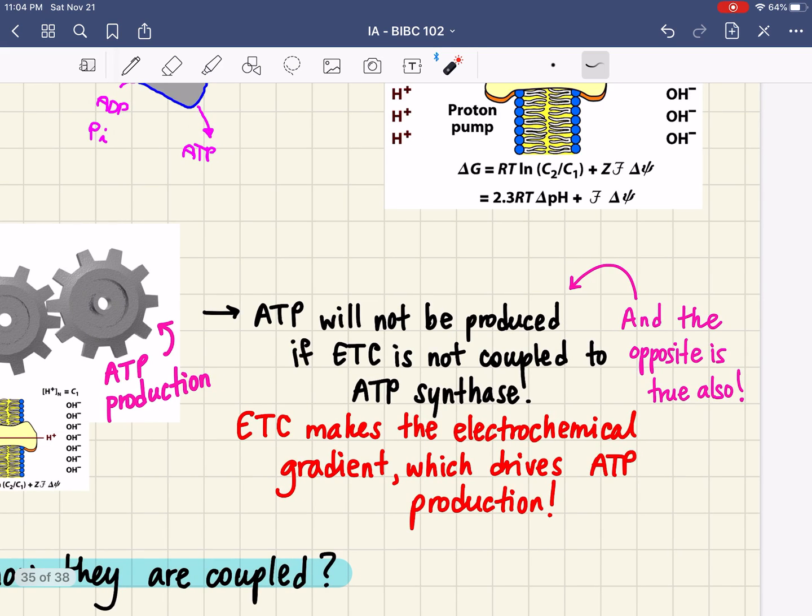So again, to reiterate, ATP will not be produced if ETC is not coupled to ATP synthase, right? And the opposite is also true. ETC makes the electrochemical gradient, which drives ATP production by allowing ATP synthase to work.